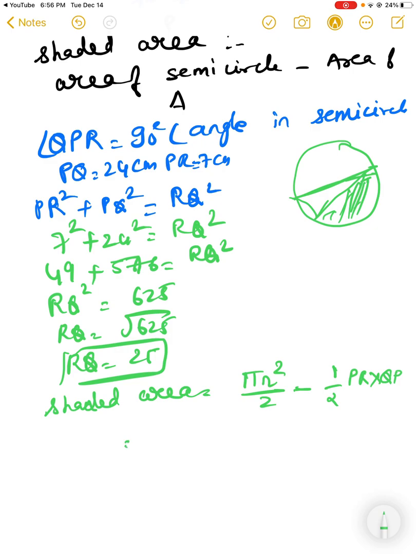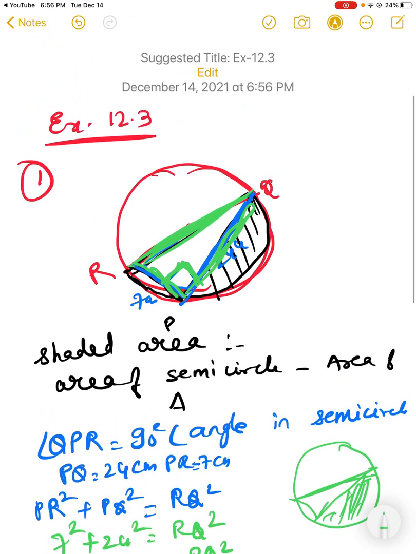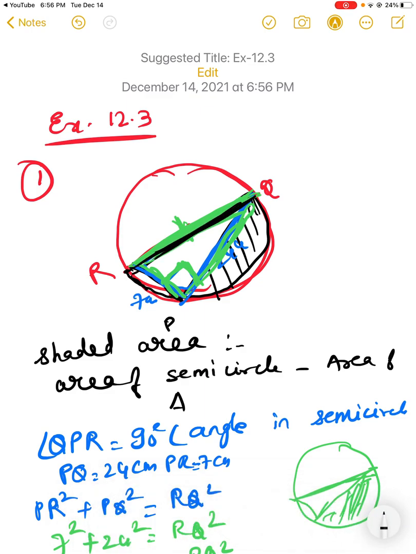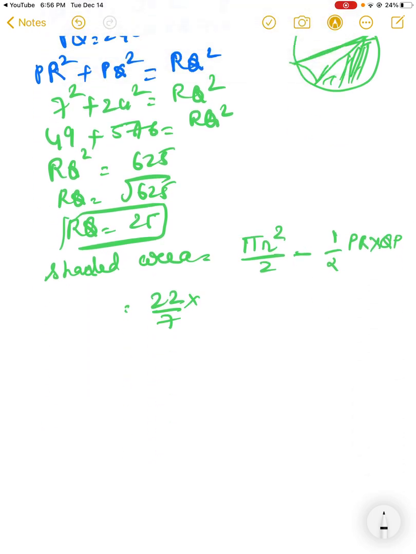Pi r square upon 2. So here pi r square, pi we have to take 22 upon 7. Now R, see, this is PQ. Okay, this is the diameter. This is RQ. I will highlight with the black pen. This is the RQ, and we have found RQ as 25 centimeters.